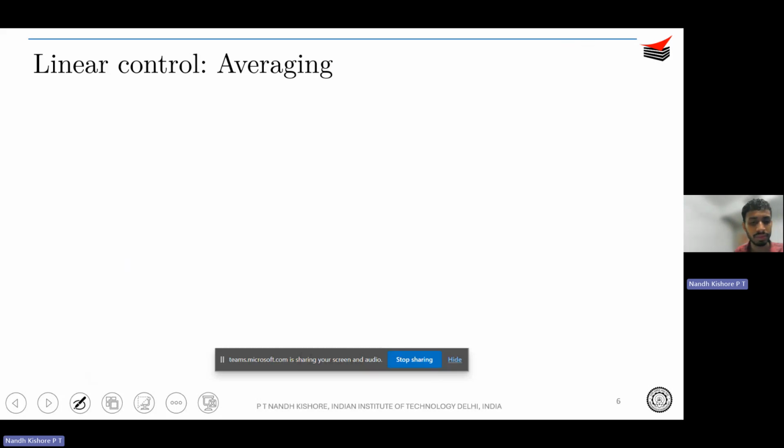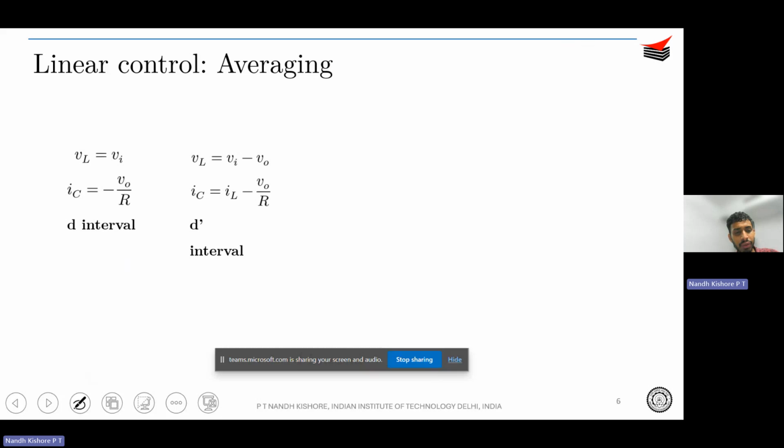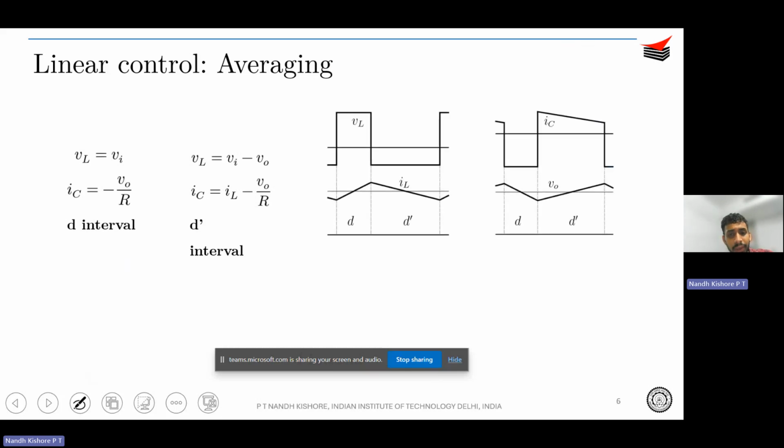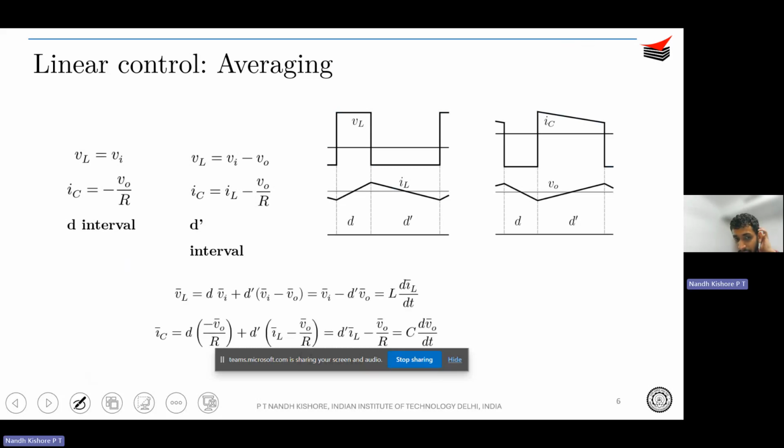Of course you know that these are the equations during the D interval and the D dash interval. This is what we did just a few minutes back. So with this, what can we tell? And these, of course, are the waveforms of your state variables. So this is what we have done over here.